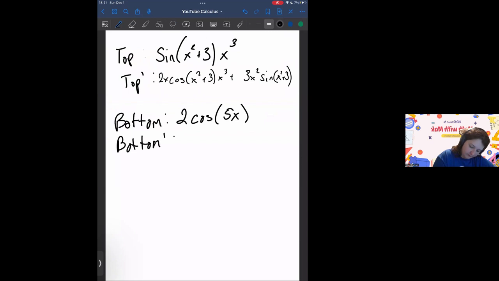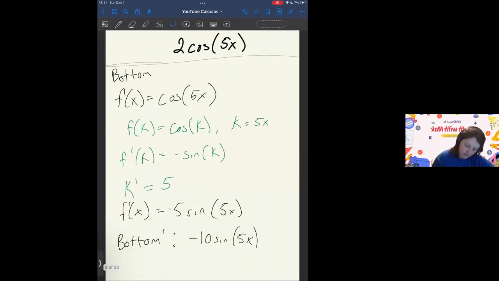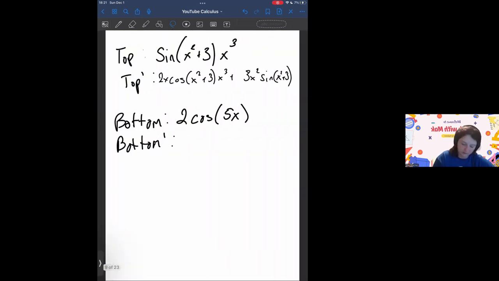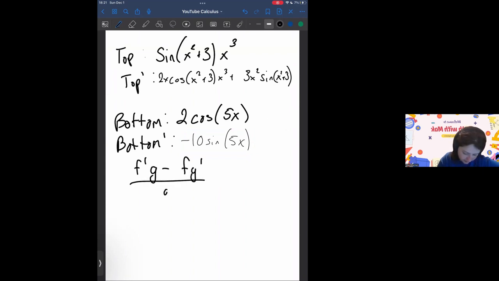And on bottom prime, we ended up with negative 10 sine of 5x. And now remember, our quotient is f prime g minus f g prime over g squared.